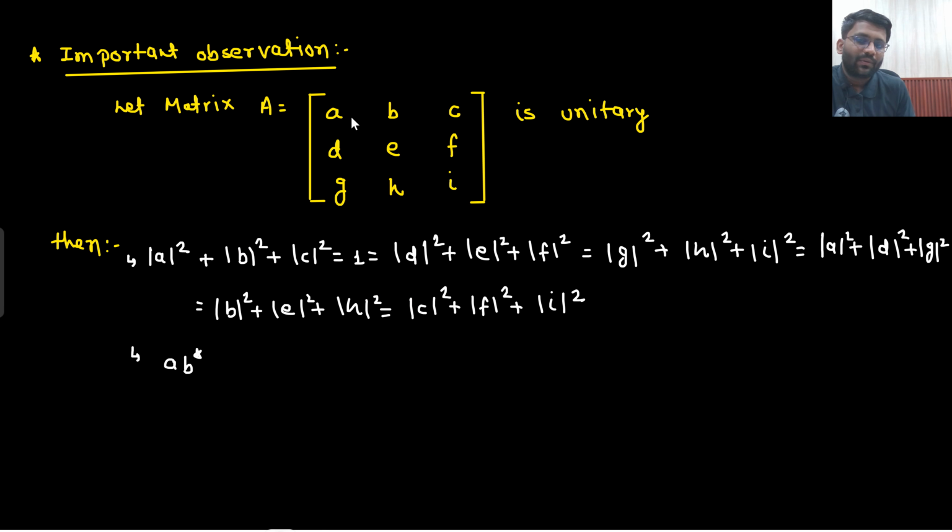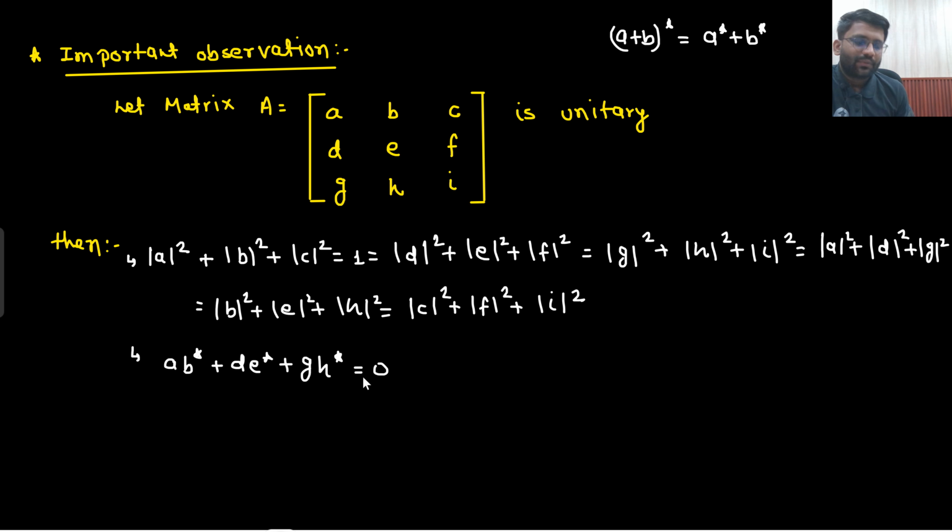We are going column wise. So a into b conjugate plus d into e conjugate plus g into h conjugate. Now do you know one thing? a plus b, whole conjugate, could be written as a conjugate plus b conjugate. This is how it could be written.